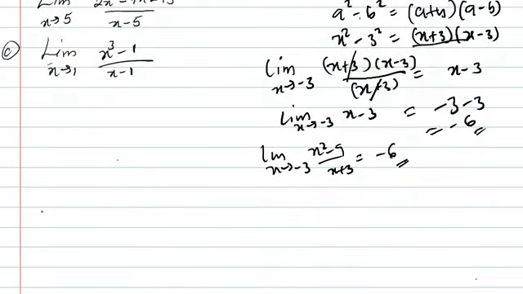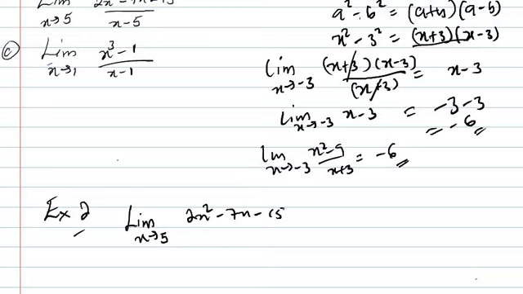So question number 2. Question 2 is to find the limit as x approaches 5 of the function given as 2x squared minus 7x minus 15 all over x minus 5.